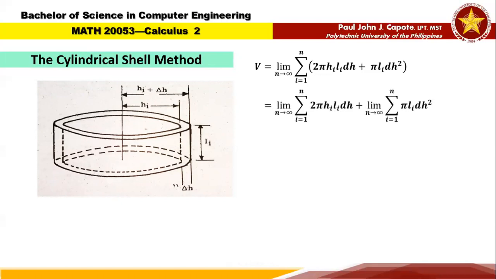Now, applying the rules of summation, we get volume is equal to the limit of the summation of 2 pi h sub I L sub I dH, where I starts from 1 up to n, and n approaches infinity, plus the limit of the summation of pi L sub I dH squared, where I starts from 1 up to n, and n approaches infinity.